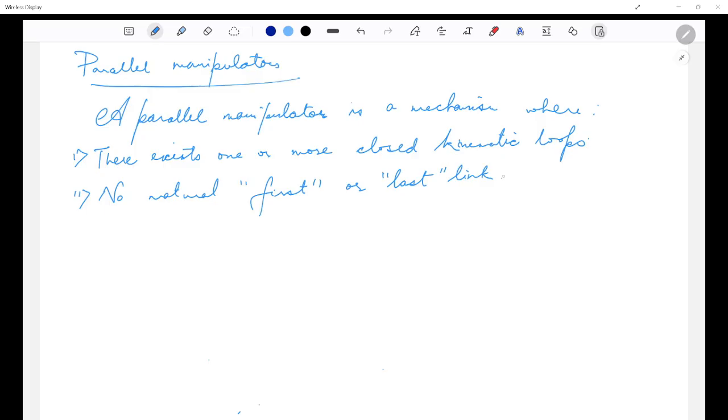Because we might be interested in any of the links, related to the mobile base or the ones that we have in the parallel manipulator. So they do not have any natural first or last link, and the output link in which we are interested must be chosen.